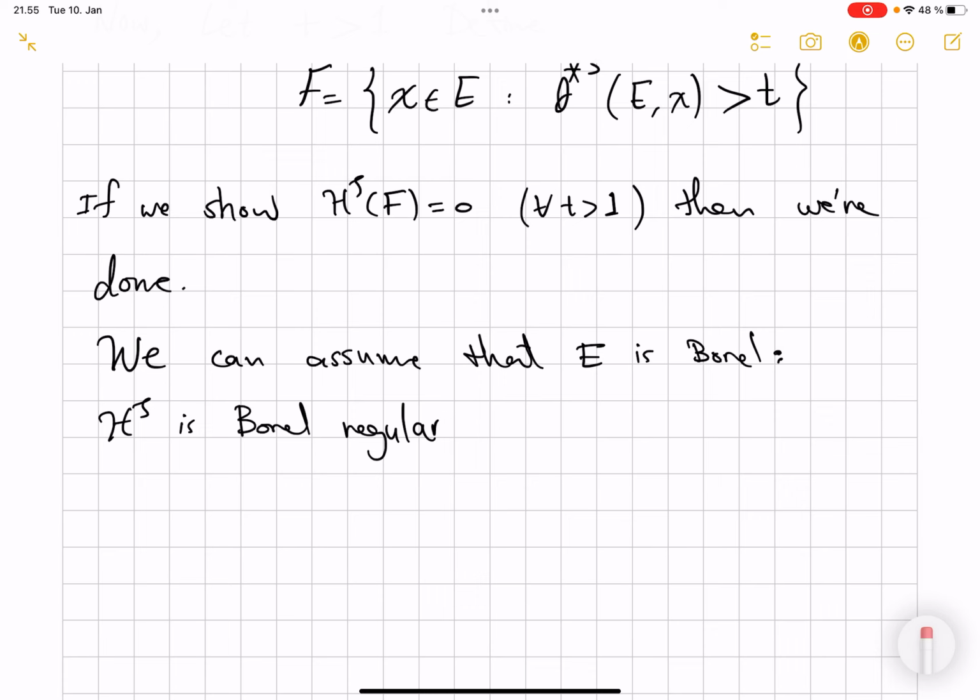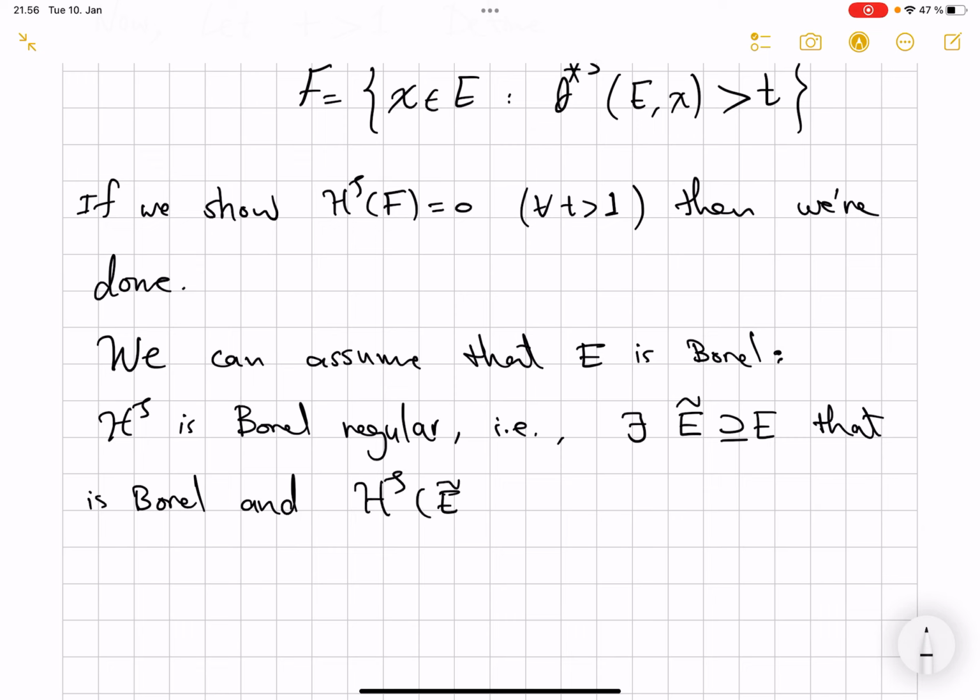Okay, let me clarify what this means. Hs is Borel regular. That means there exists some larger E tilde that is Borel, and Hs of E tilde equals Hs of E. So you enlarge your set, but you don't increase the Hausdorff s measure.